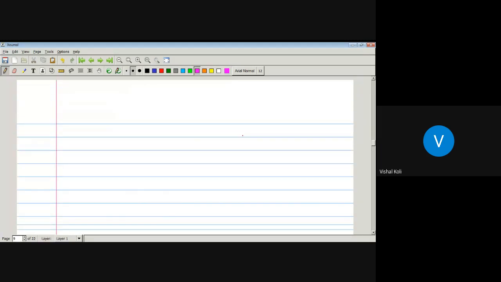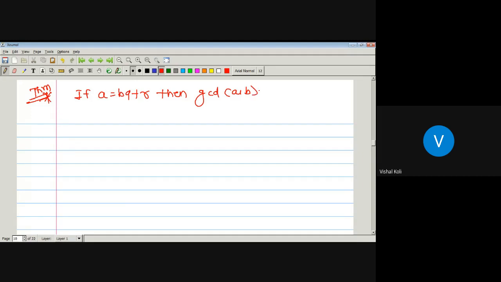Okay. Now the next theorem. If a is equal to b into q plus r, then the GCD of two integers a and b is nothing but the GCD of b and r.